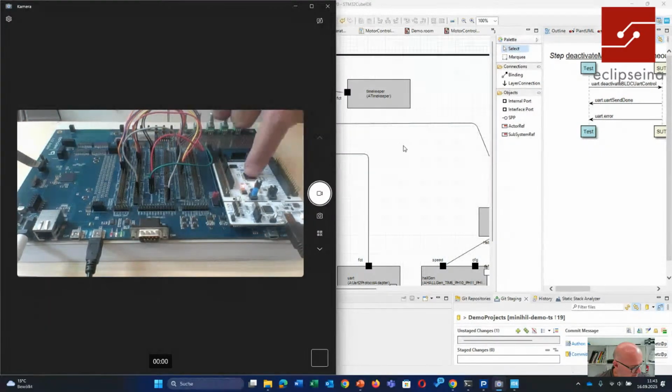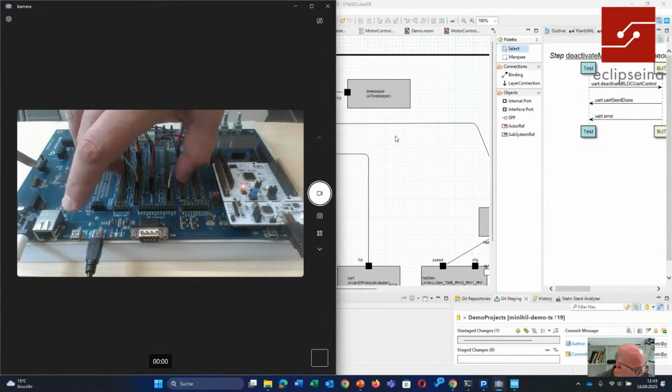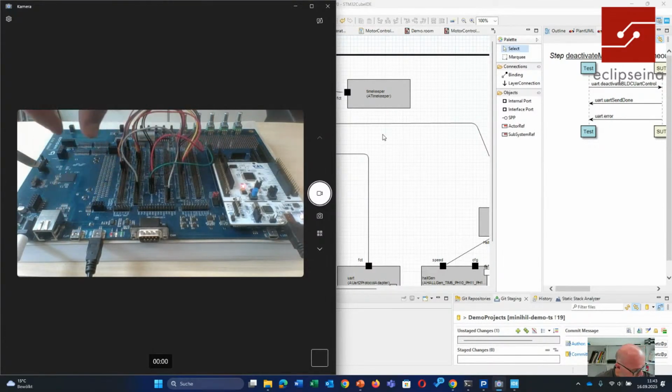And that's my system under test. Those are the PWMs and so on, and the Hall signals I mentioned before. So it's exactly the example I gave you now, and that's our test system. And all those IOs here are attached to the test system. Those pins are attached to my system under test. So I can rewire it at any time.